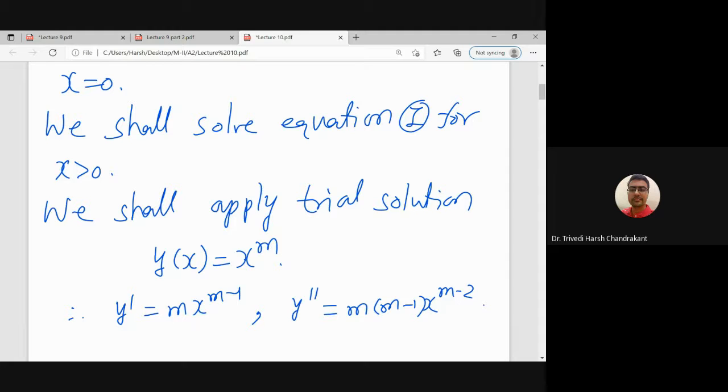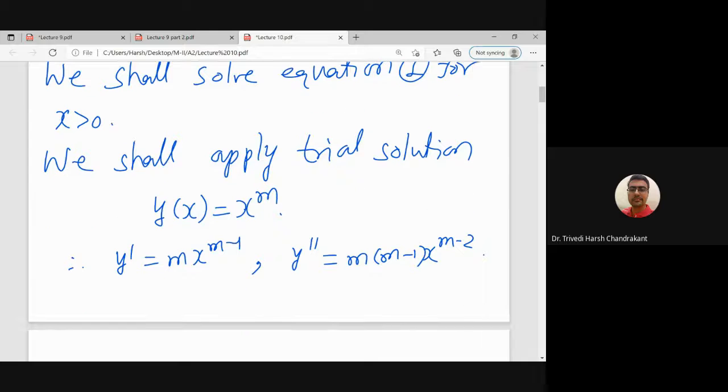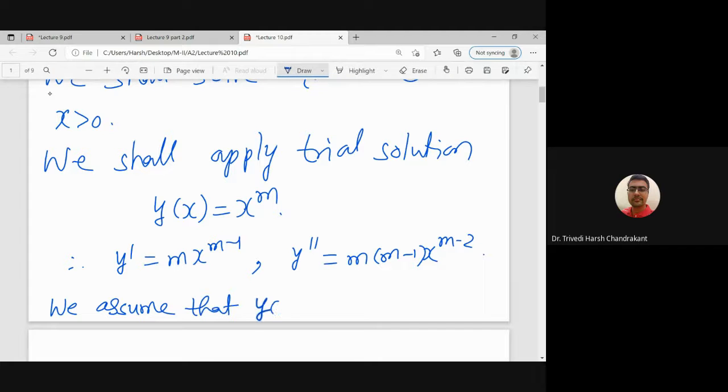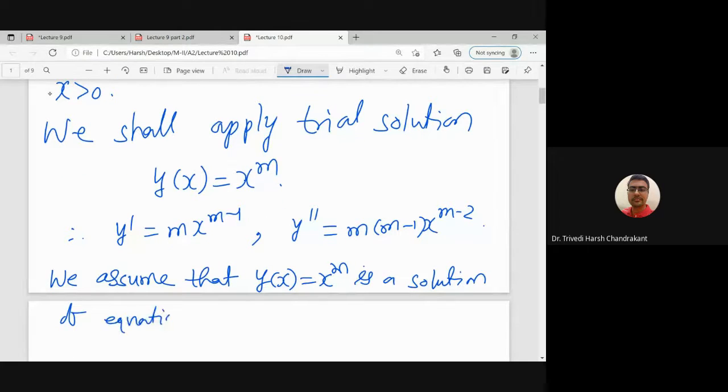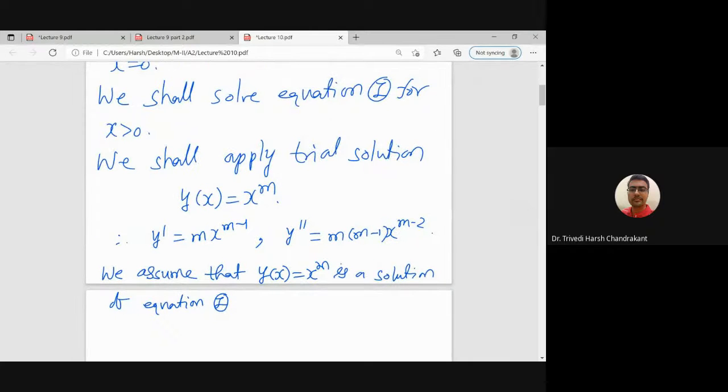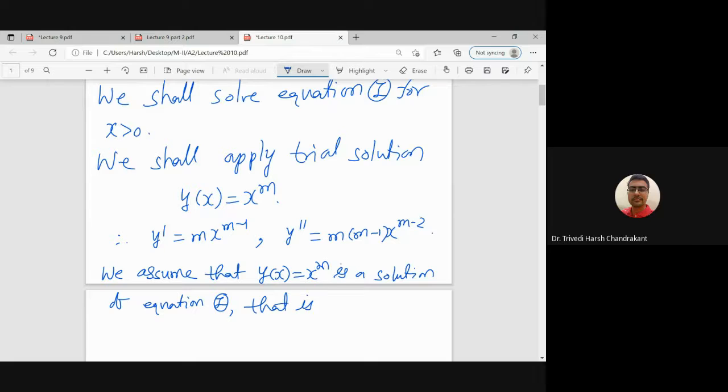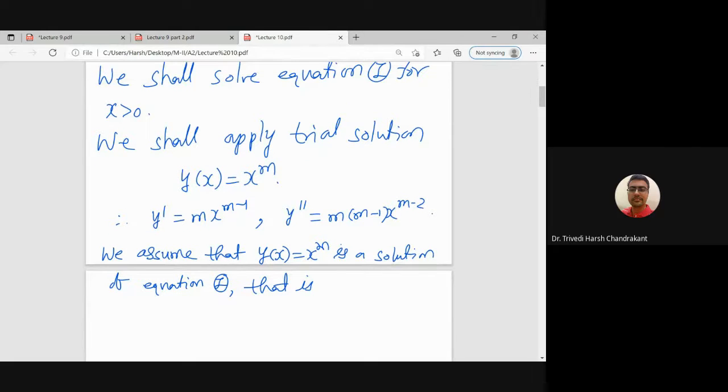And we have assumed that y(x) is a solution of equation 1, right? So that means x power m satisfies the given differential equation.